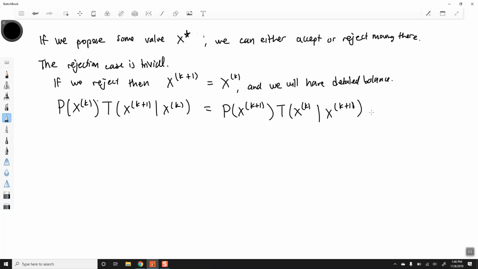So it's silly, right? Okay, so what we need to show is that do we still have detailed balance when x k plus 1 is different from x k? Okay, the answer is yes.